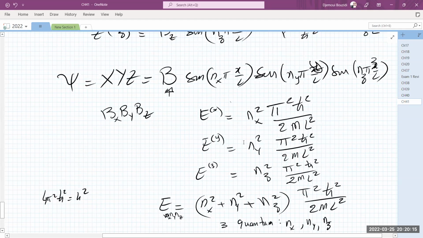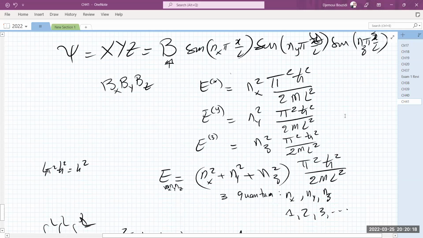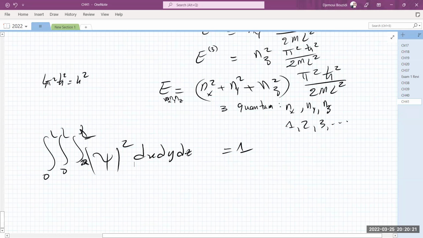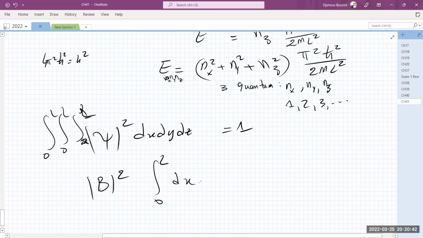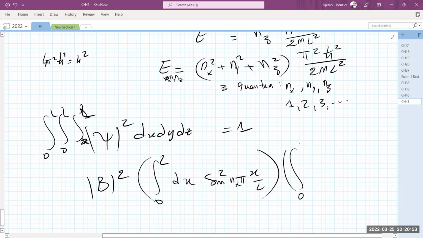If I do that, I have b squared times sine squared times sine squared times sine squared, integrated over dx, dy, dz, equal to 1. So b squared shouldn't depend on anything, it's a constant. The integration from 0 to L of dx times sine squared of nx pi x over L, and I'm going to separate the integrations and make them all one-dimensional integrations because these parameters don't depend on each other.